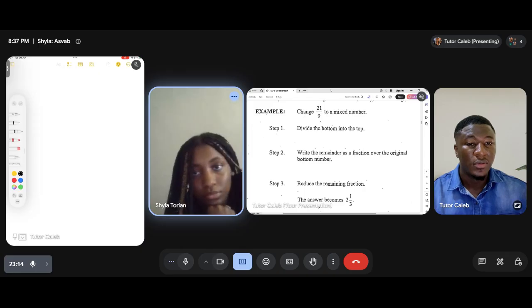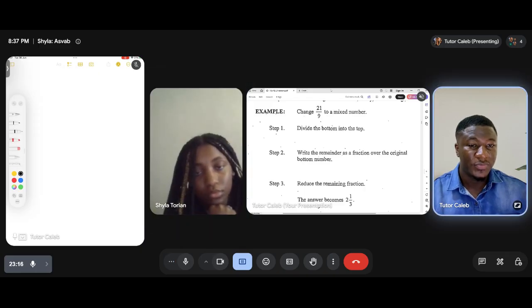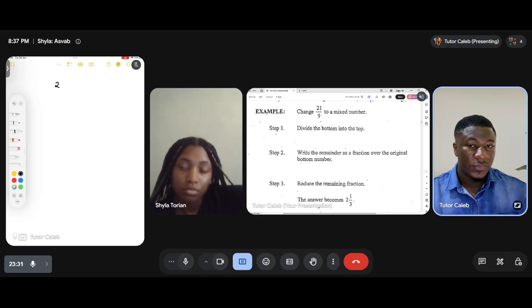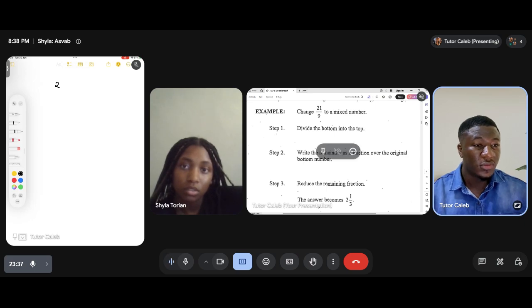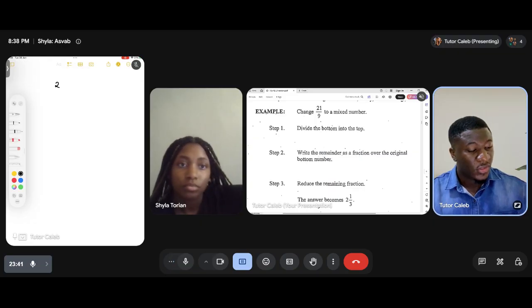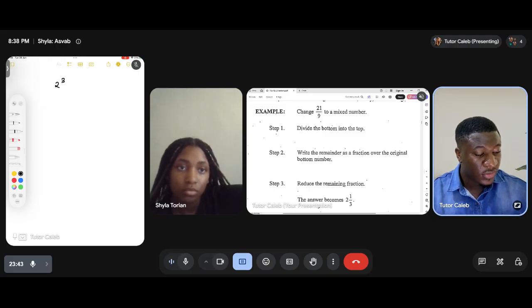You're going to have to divide, right? You have to do a long division. Or you can say that if you divide 29 to 9 people, each person will have how many? Each person will have 2. Then how many will be left? Because 2 times 9 is 18. So the amount that's going to be left is 3, right? So you'll be left with 3 to share to the 9 people.